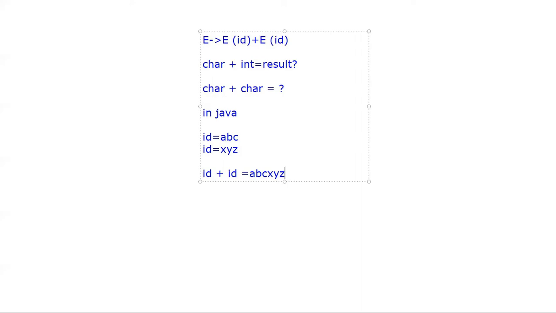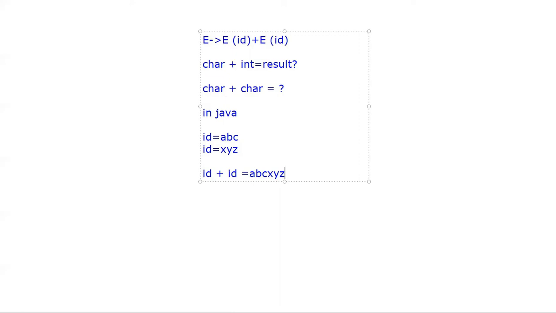If the ID value is a string, then it should be concatenated, and if the ID value is integer, then it should be added and the result will be generated as integer, right? So these are the type checking meanings that we need to define as a developer while designing the compiler.